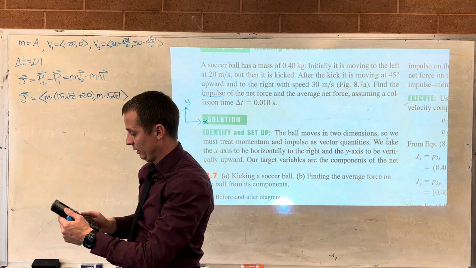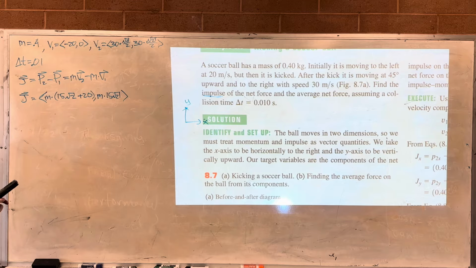Okay. So our mass was 0.4. So we have 0.4 times 15 times the square root of 2 plus 20.